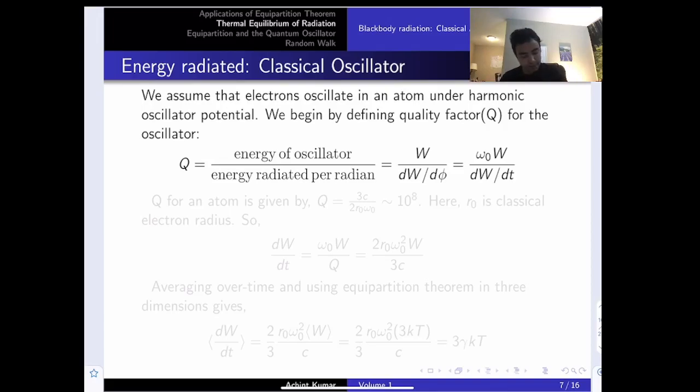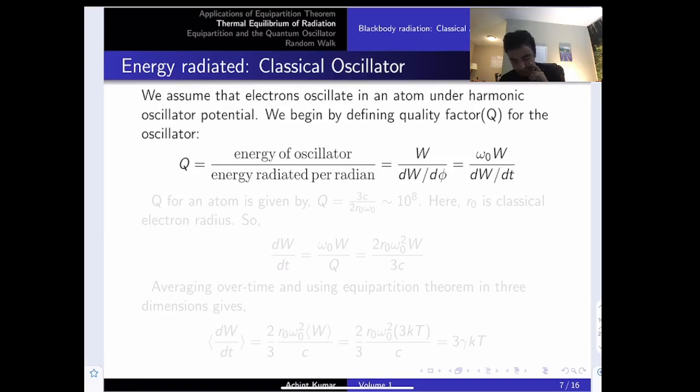So we assume that the electron oscillators in an atom are under a harmonic oscillator potential, and we begin by defining the quality factor Q for the oscillator, which is defined as the energy of the oscillator divided by the energy radiated per radian. Let us call the energy of the oscillator W. Then the energy radiated per radian is dW by d phi.